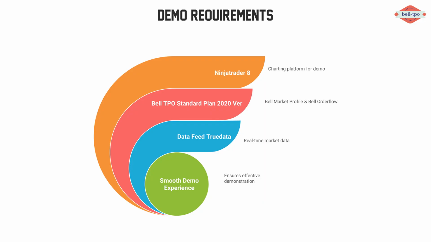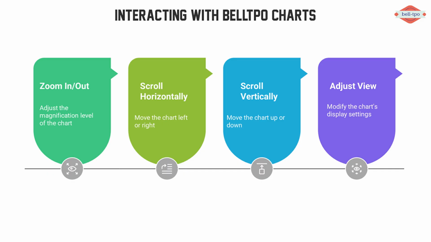And we would also be learning how to interact with the BellTPO charts, like zoom in, zoom out. Use your mouse to scroll, or keyboard shortcuts to zoom in and zoom out, helping you to examine the profiles in detail.